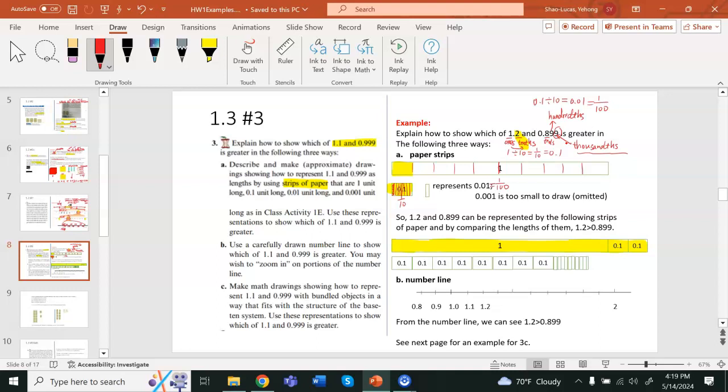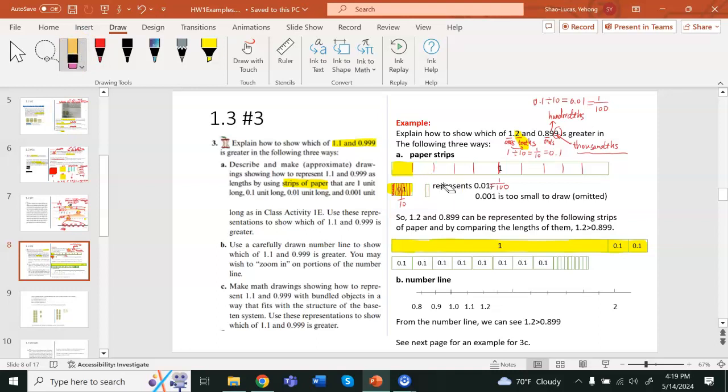So you can just do something a little shorter than this piece here, which represents 0.09. Because again, technically we're supposed to take this and cut it into 10 equal parts and take 9 of them. But it's very hard to cut this tiny piece into 10 equal parts.